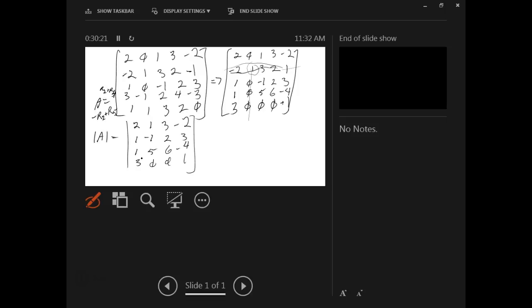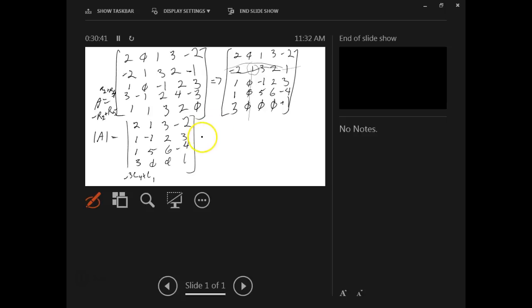Okay. Well, since that went so well last time, let's do minus 3 times column 4 and add it to column 1.